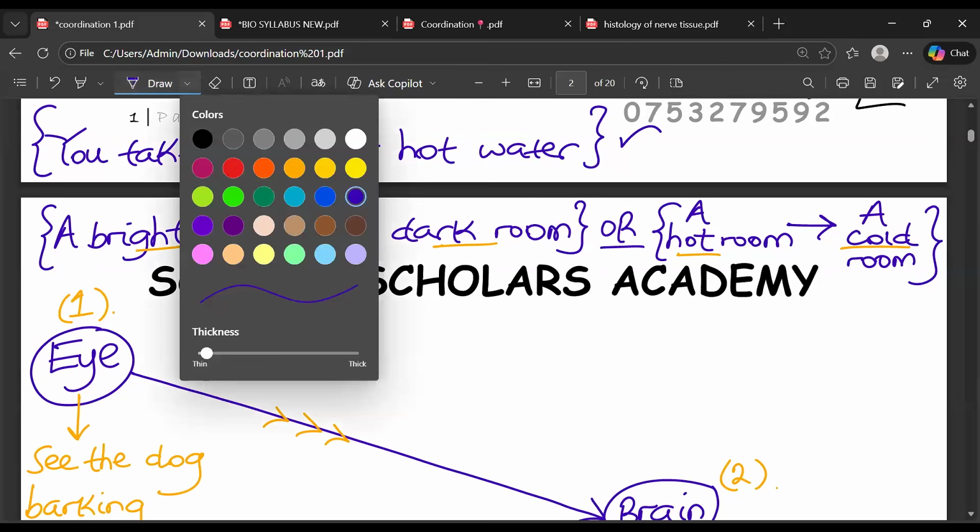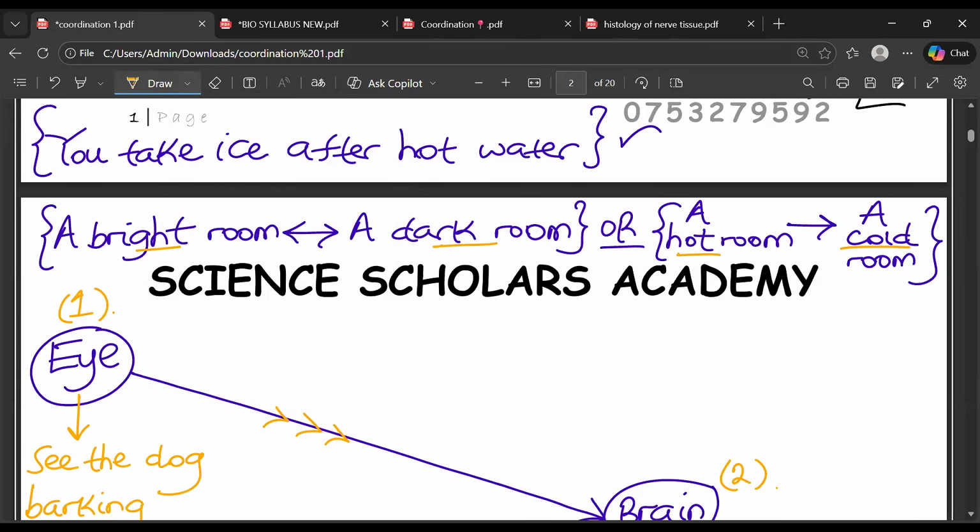But I just want you to concentrate on these changes. Like you are taking ice, but a minute back you are taking hot water, or the reverse. Maybe you took ice first, and after ice, you're now taking hot water. Maybe you were in a brightly lit room, and then you're going into a dimly lit room, or you were in a hot room, and then you moved into a cold room.